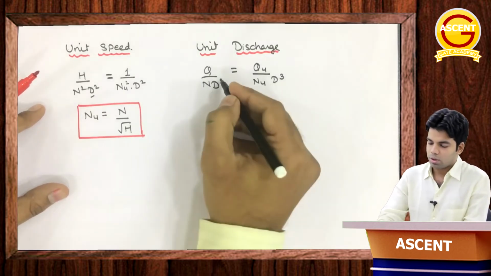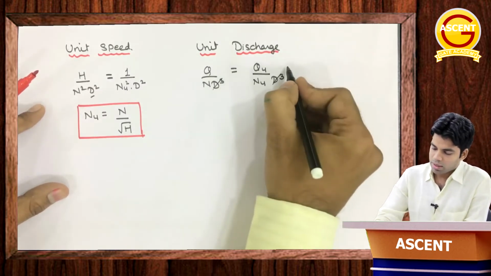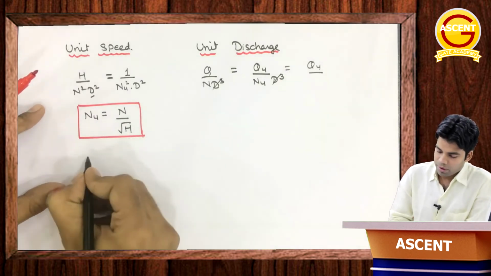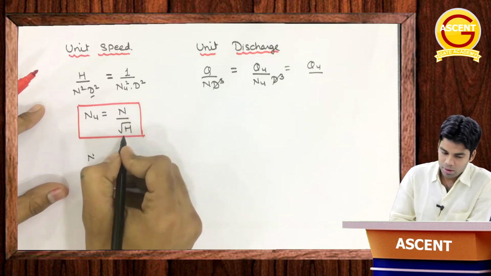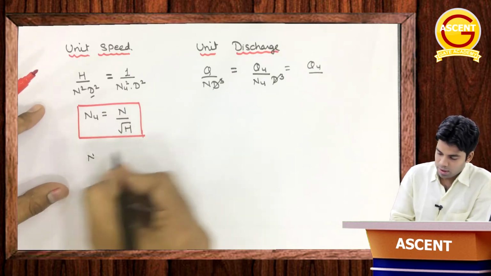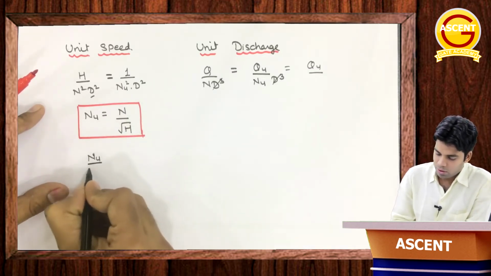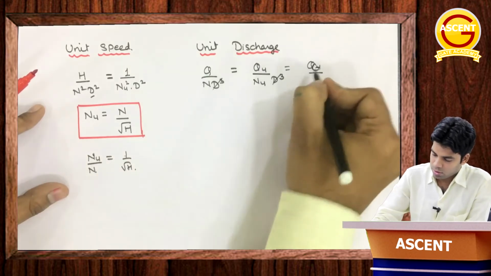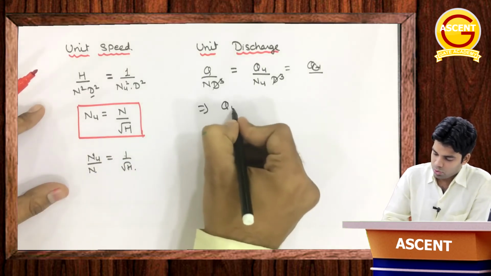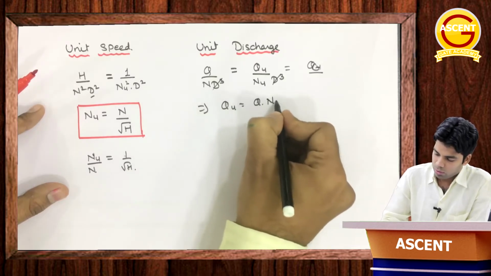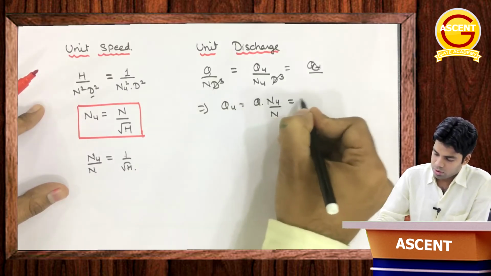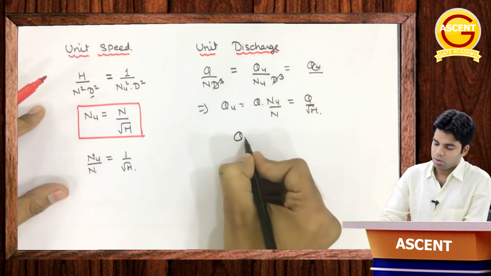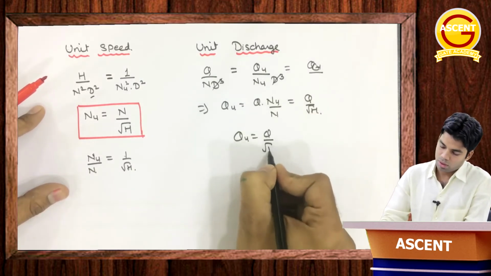Now D will get cancelled out. Now Nu by N is equal to 1 by root of H. So Qu is equal to Q into Nu by N, so this will be Q by root of H. So the unit discharge is equal to Q by root H.